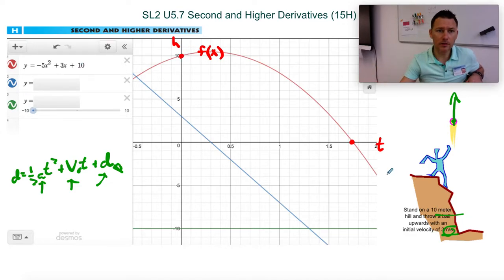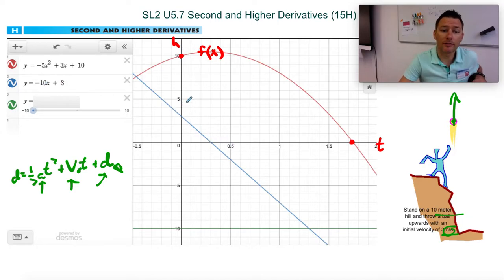It's not moving in the x direction. If you take the derivative of this, right, you get this piece. You get negative 10t plus 3. You're taking the derivative of the top equation. It would give you this equation, and this equation is the velocity.